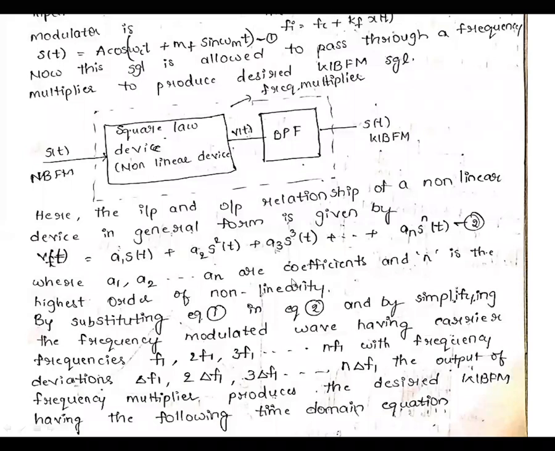The frequency deviation is related to f1, 2f1, 3f1, which are the multiplied frequencies. Those multiplied frequencies are related to A1, A2 and A3, the coefficients of the non-linear equation. Now the output is a wideband FM.